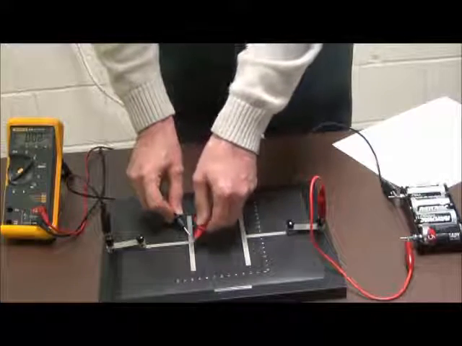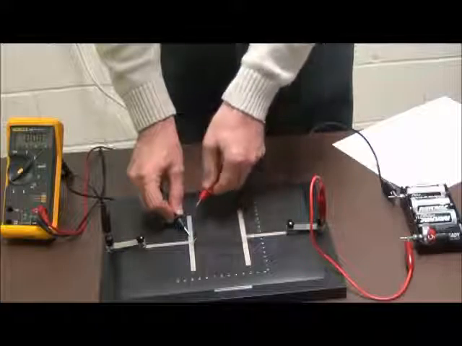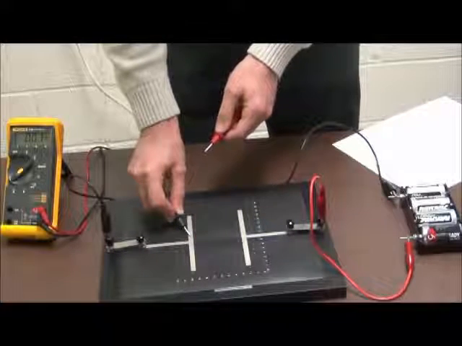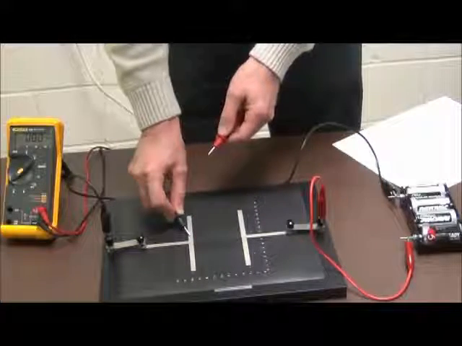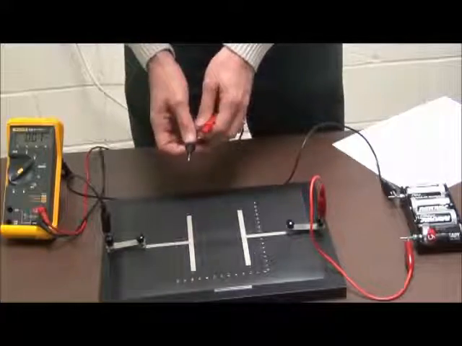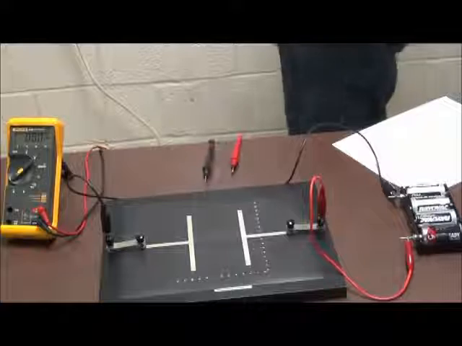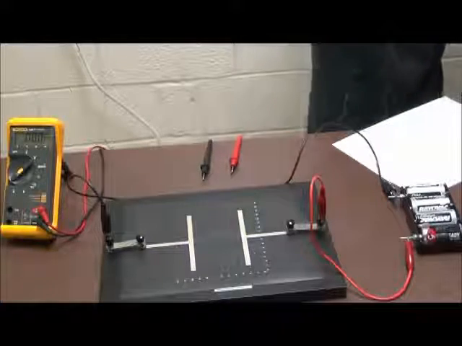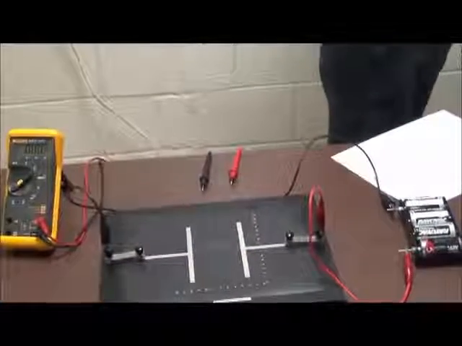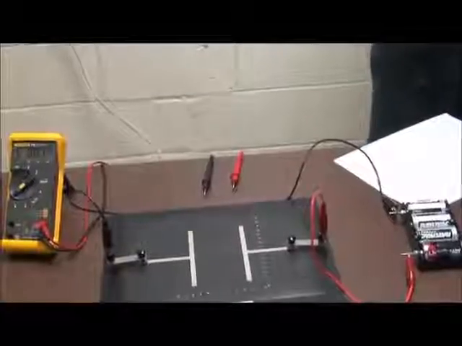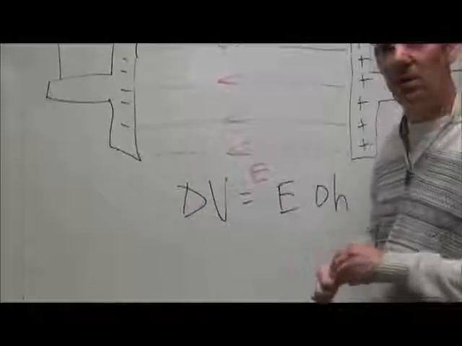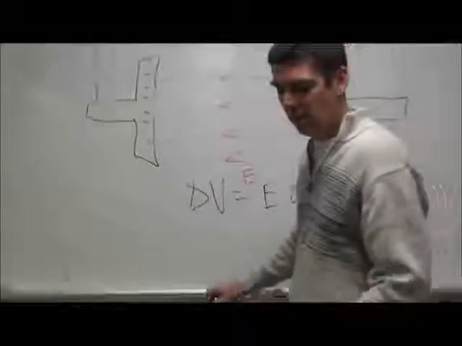So inside all points in this conductor, if it's in equilibrium, which it is, there should be no electric field. Well, if there's no electric field, what should be true about the voltage at different points? Well, voltage difference is electric height difference. If E is 0, then there should be no difference in voltage. So the voltage should be the same at all points.